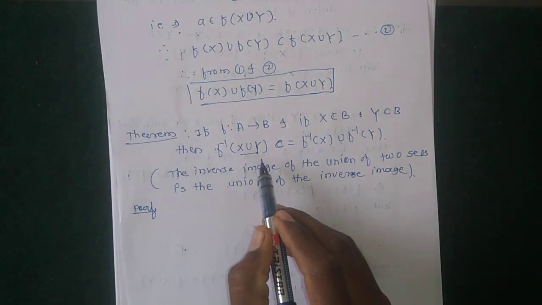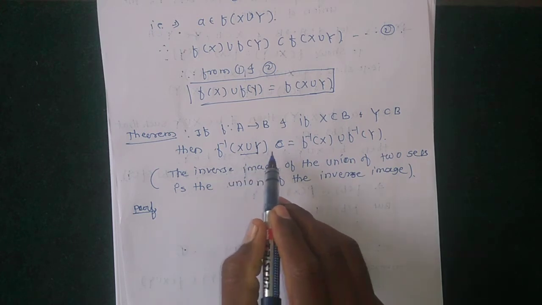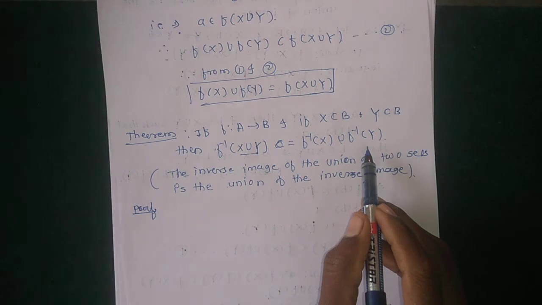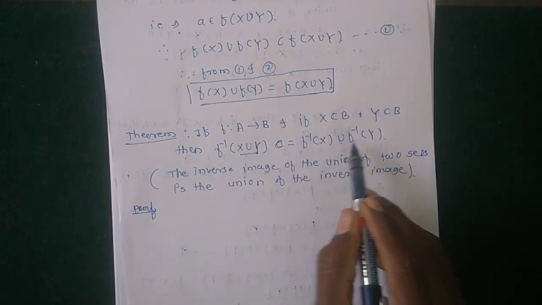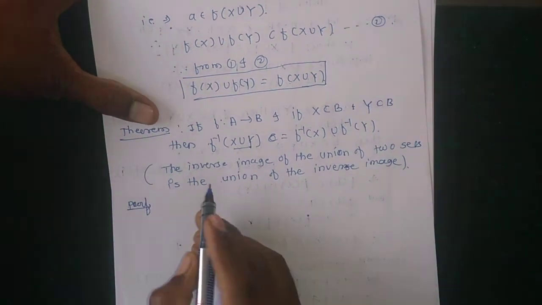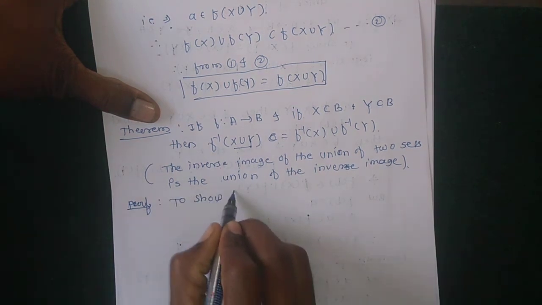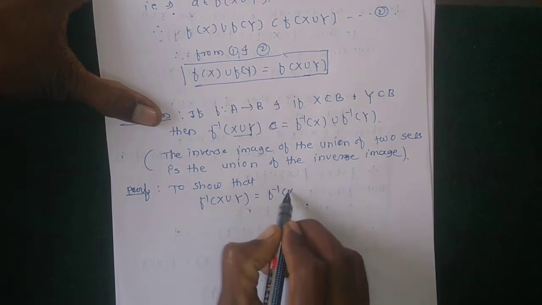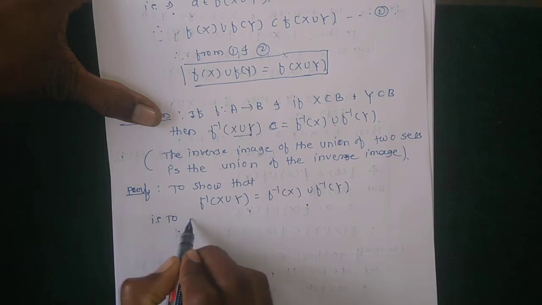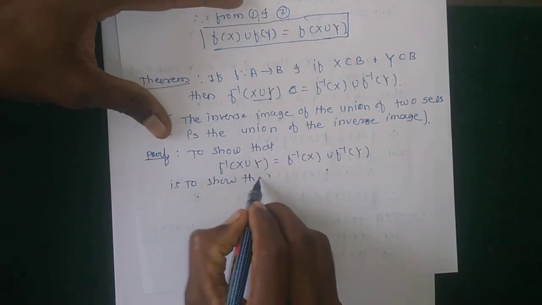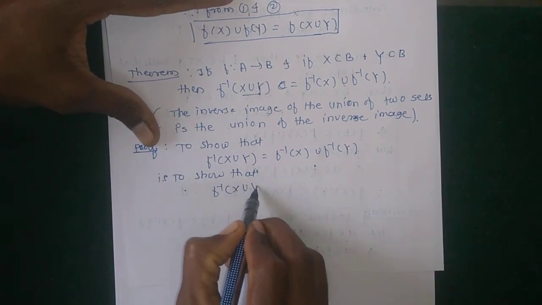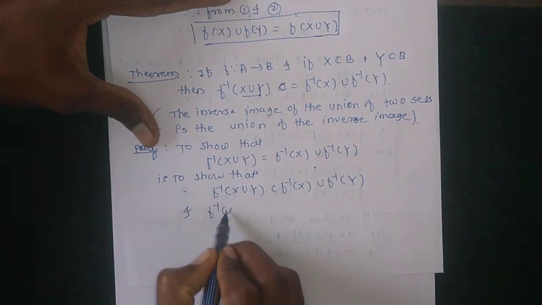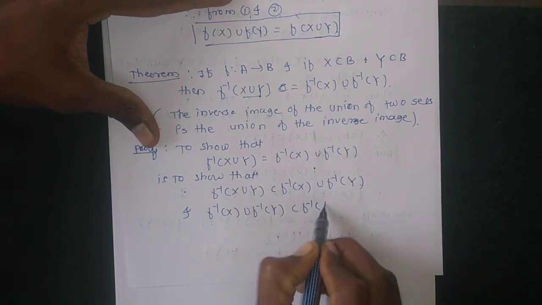In a similar way, we show that f inverse of X union Y is a subset of f inverse of X union f inverse of Y, and then that f inverse of X union f inverse of Y is a subset of f inverse of X union Y. That is, to show that f inverse of X union Y is equal to f inverse of X union f inverse of Y, we show both inclusions.